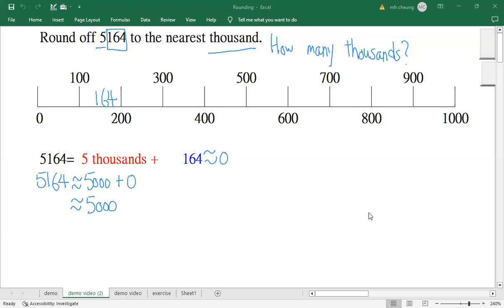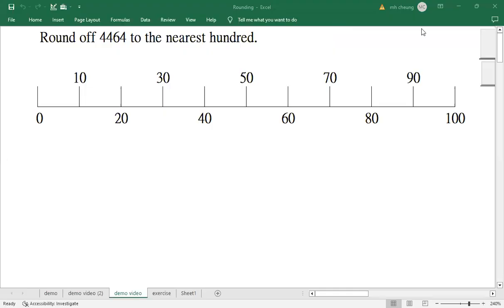Okay, let's see one more example. Here's our second example. Round off 4,464 to the nearest hundred.